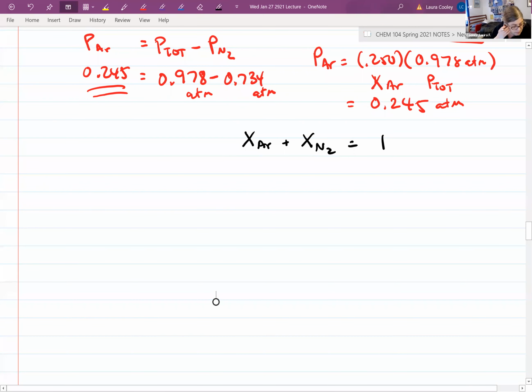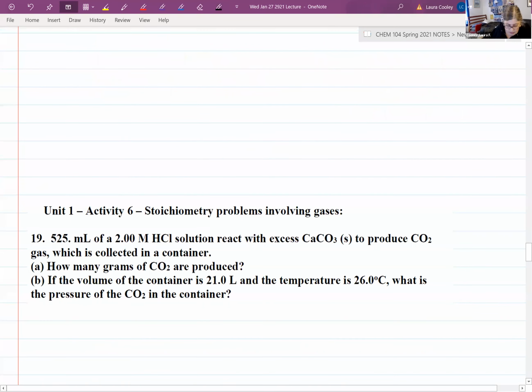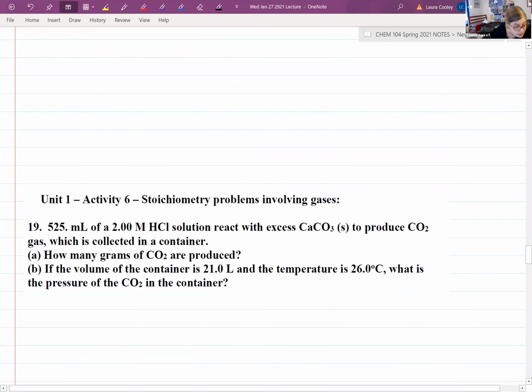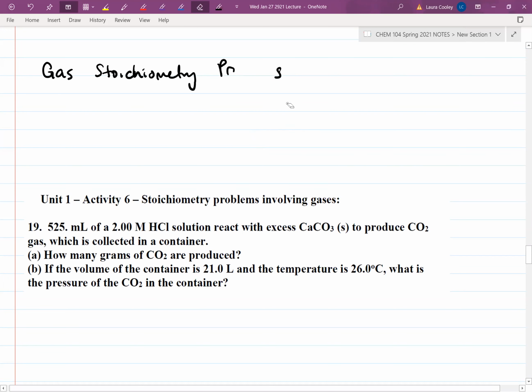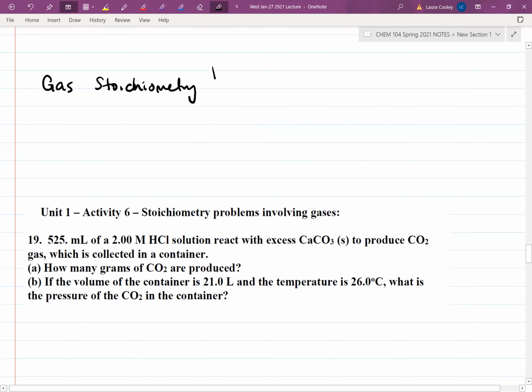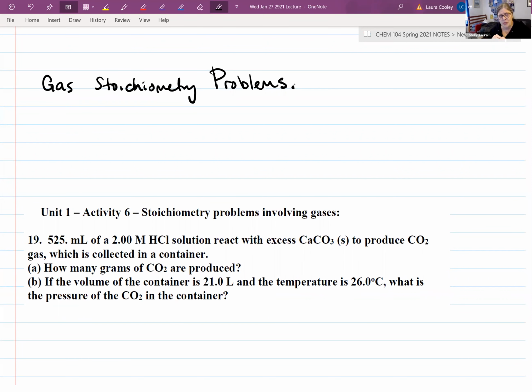All right. Okay, so what I'm going to do next is go over this problem. So let's see. These are gas stoichiometry problems. You remember stoichiometry problems, right, from last semester? That's where you're given the amount of a reactant or product, and you need to find the amount of a different reactant or product.